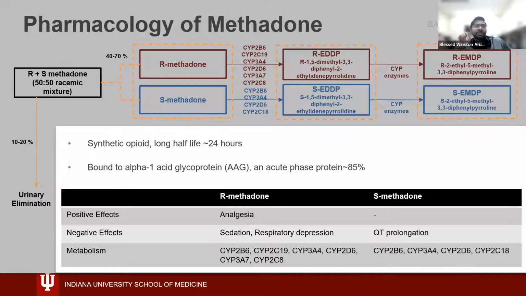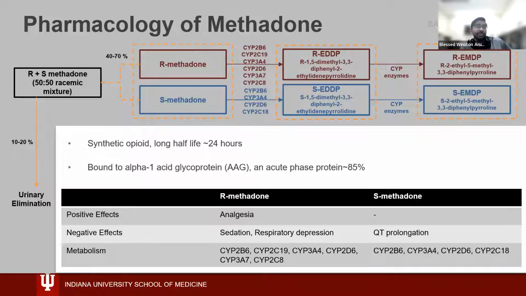It's a synthetic opioid, and it's got a really long half-life, 24 hours, and it's pretty fast-acting. Contrary to what most textbooks say, it's pretty fast-acting, even faster than morphine. Morphine has some delay in starting to act.